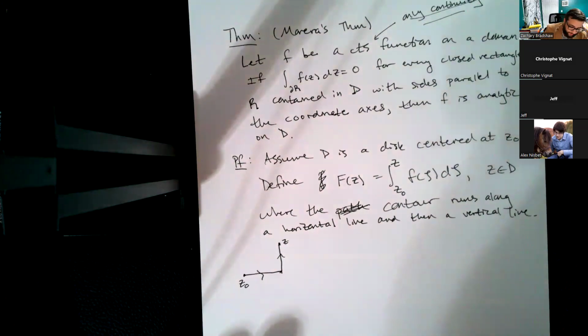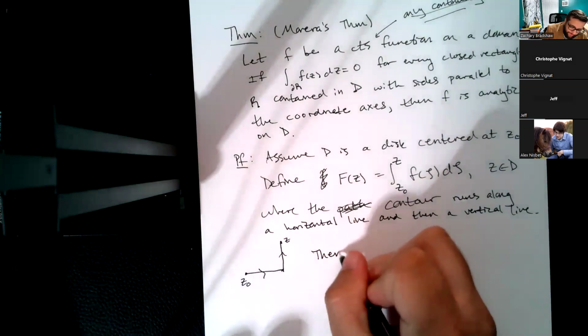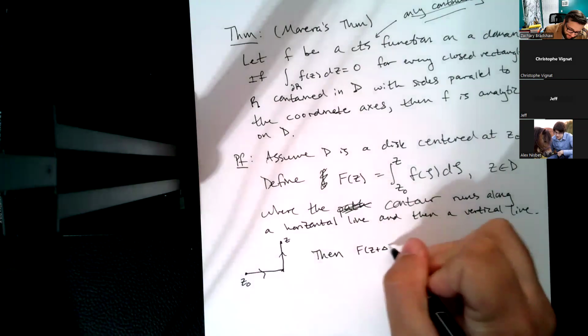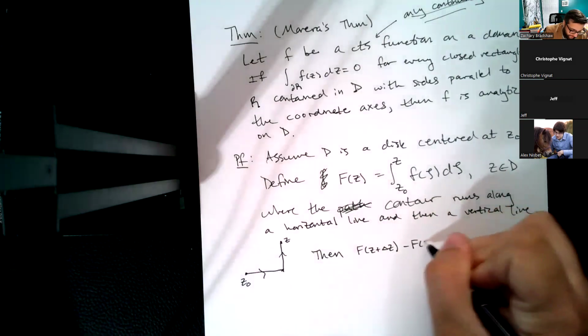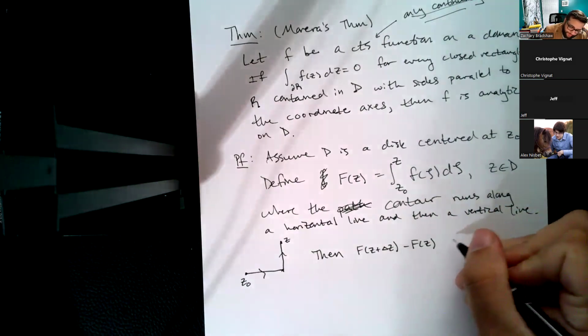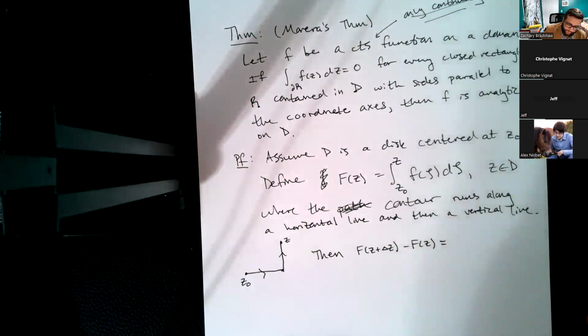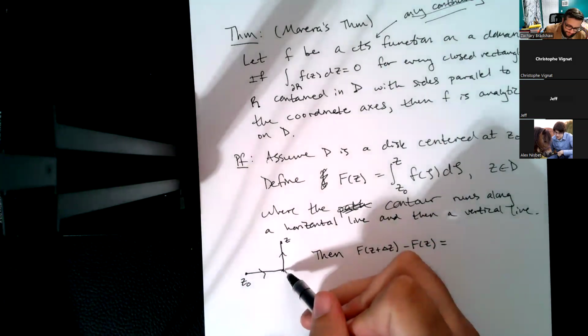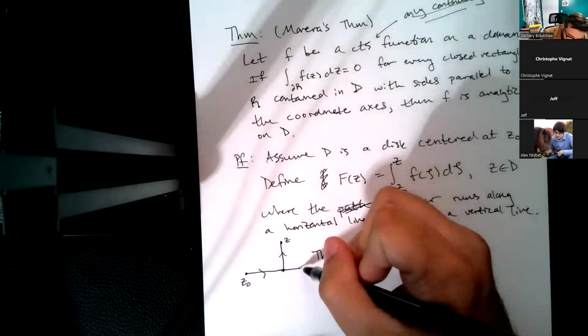Okay, well then we're going to go ahead and differentiate by hand. We have F of z plus delta z minus F of z. Well, let me expand on this picture, give myself enough room here.